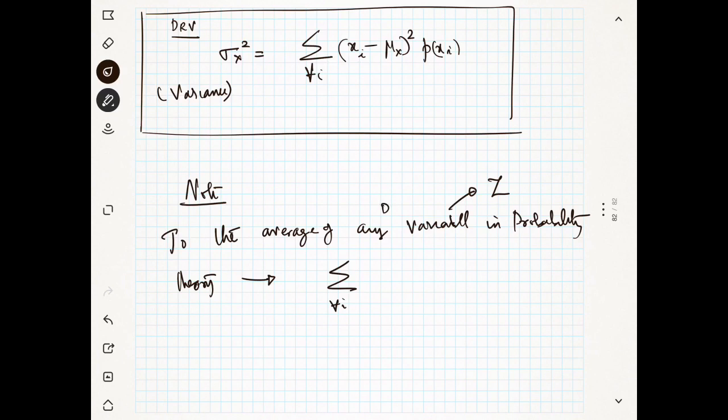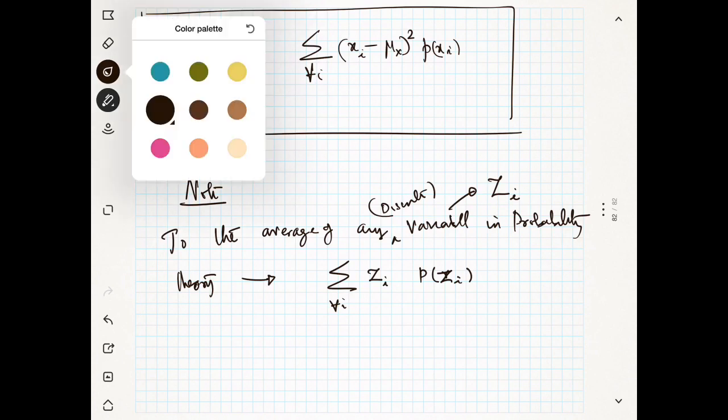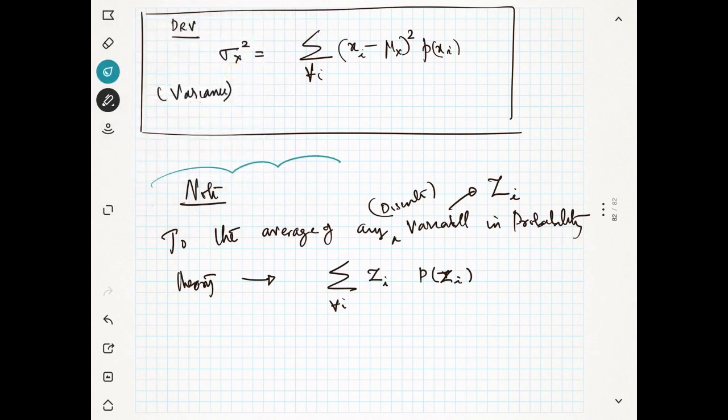I am talking about a discrete variable. You have to sum for all i, take this z and multiply it with the probability of zi. That's it. This zi can be anything. It can be the variable itself, it can be the deviation from the mean, anything. So this is a general note, and it will be helpful for you.